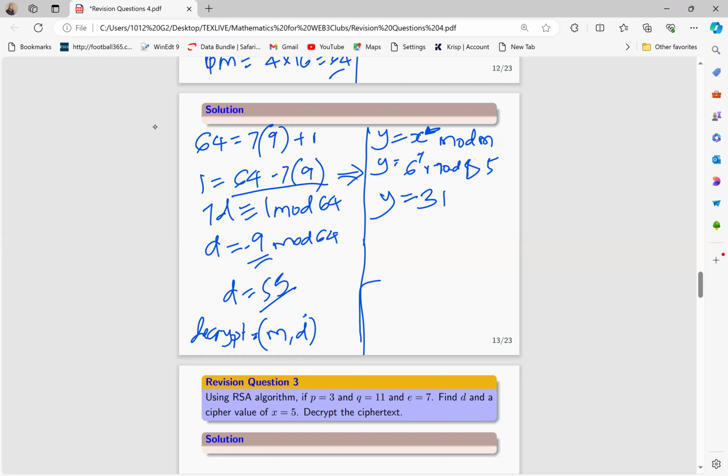So that was encrypting. Now let's decrypt.